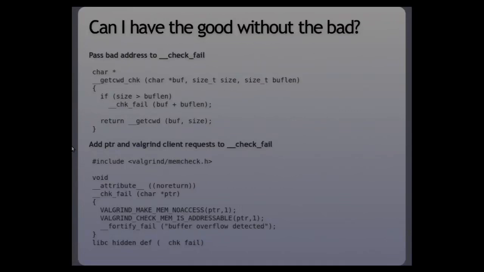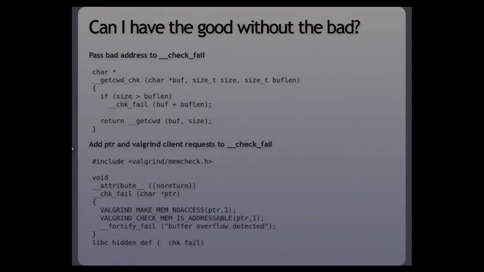What should we do? First, we should make valgrind aware of what the address was. So instead of just aborting, what checkval kind of does, we provide the address that caused the problem.